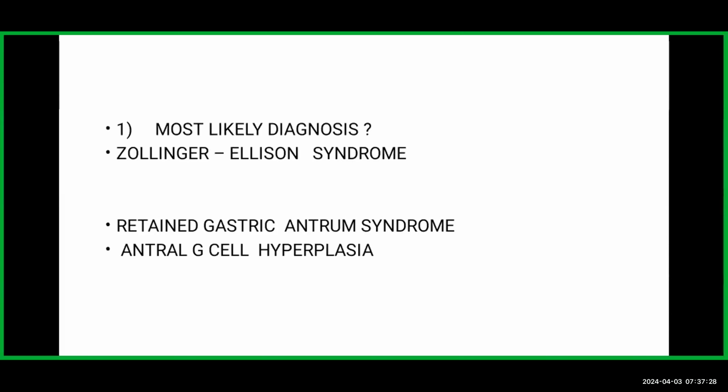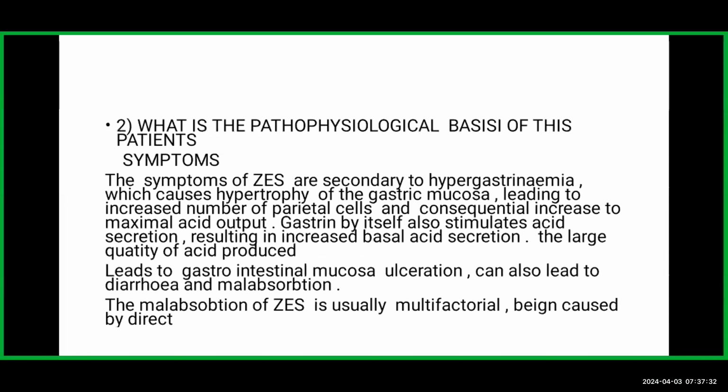The second question is, what is the pathophysiological basis of this patient's symptoms? Well, the symptoms of Zollinger-Ellison syndrome are secondary to hypergastrinemia, which causes hypertrophy of the gastric mucosa, leading to an increased number of parietal cells and a consequential increase in maximal acid output.